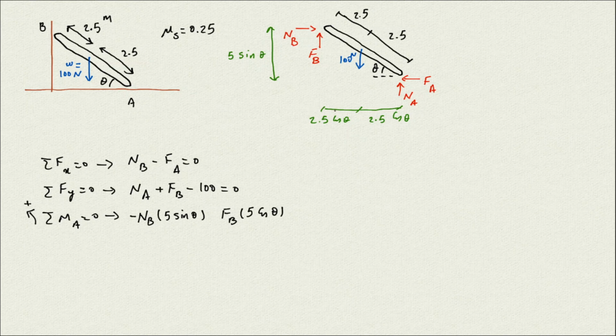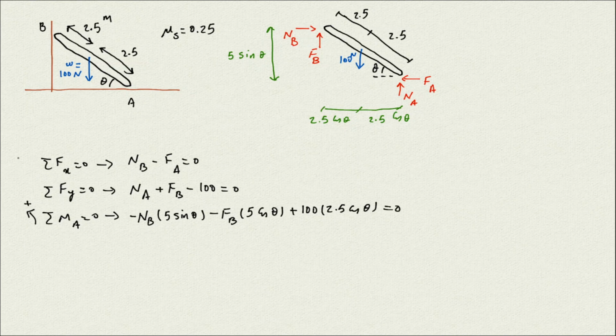Again, FB is going to rotate like that about point A, so it's negative as well. And then I have the 100 Newton, and the normal distance between the 100 Newton and point A is 2.5 cosine theta. About point A it rotates counterclockwise, so it's positive, and that would be 0.